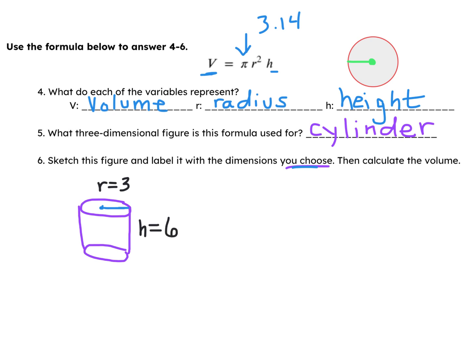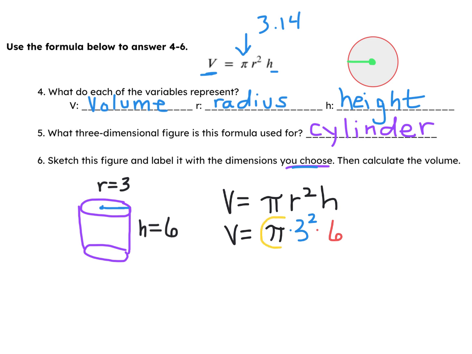Okay, now we're going to solve this. Step 1, here I'm going to copy down the formula, pi r squared h. And now I'm going to substitute in the radius, which is 3 squared, times the height, which is 6.